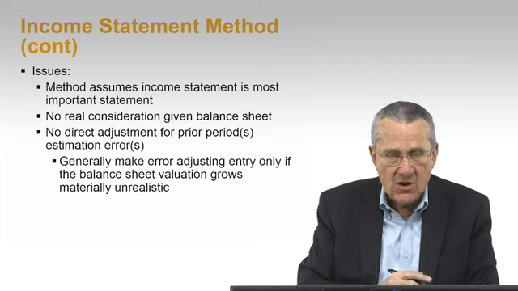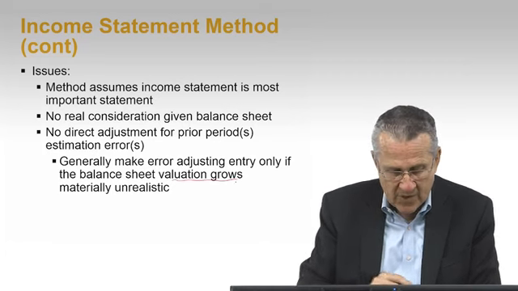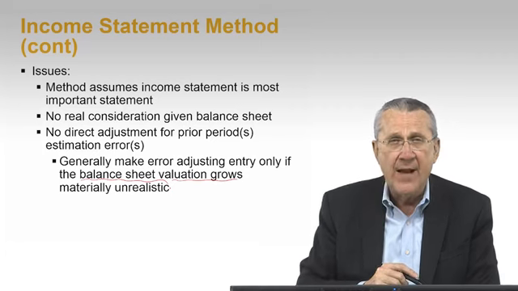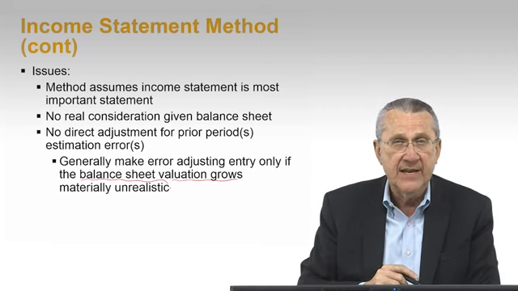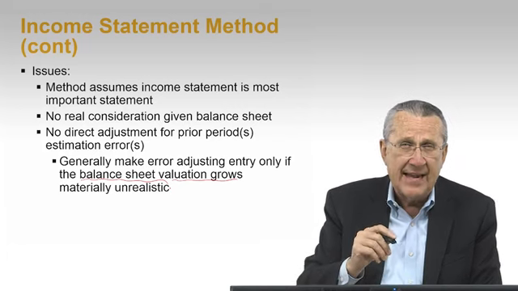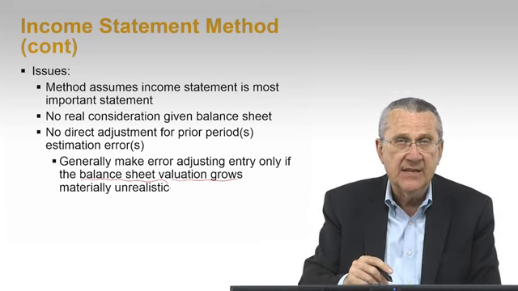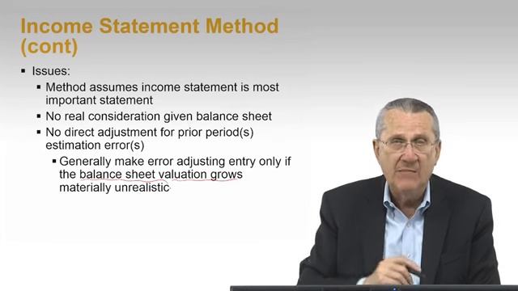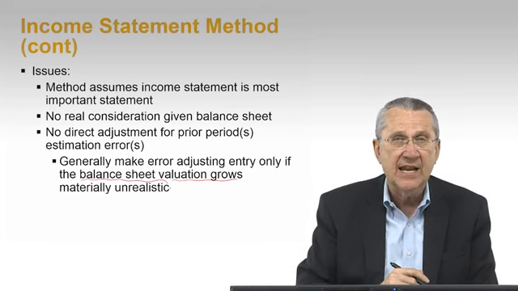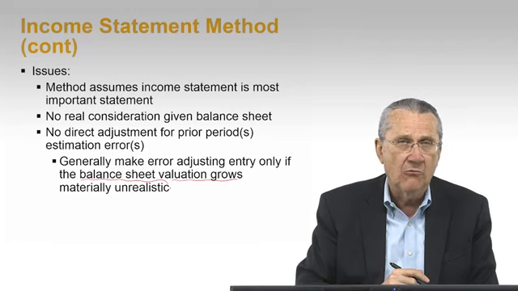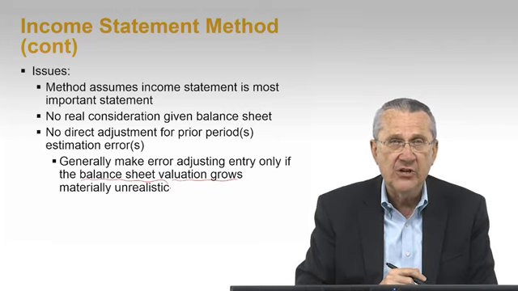And that may cause the valuation of accounts receivable in the balance sheet to grow materially unrealistic. If that error is consistent and grows and poses this problem, then we're going to have to make an adjusting entry to allow for reasonable balance sheet valuation as well.